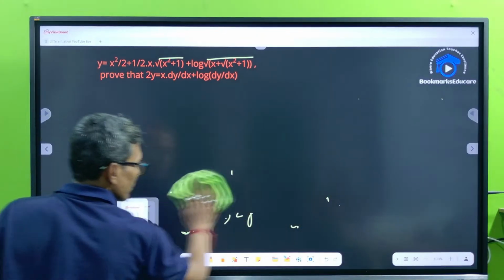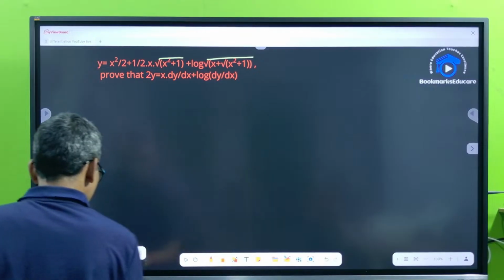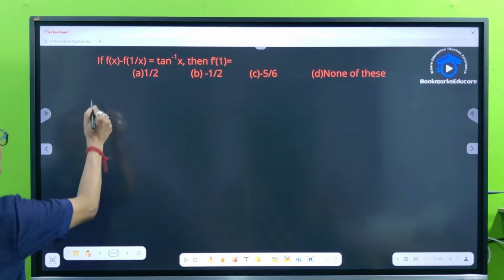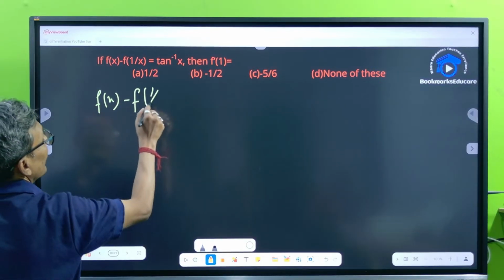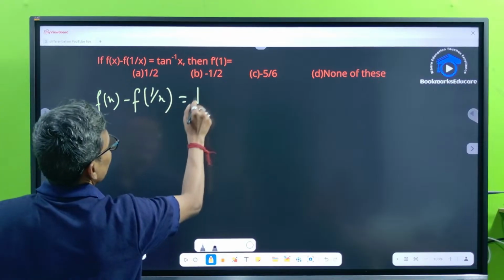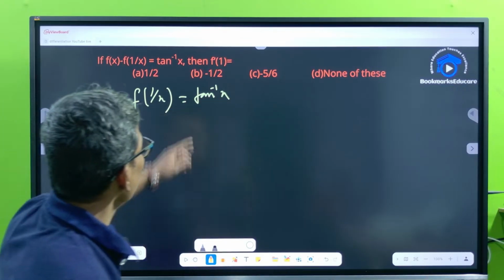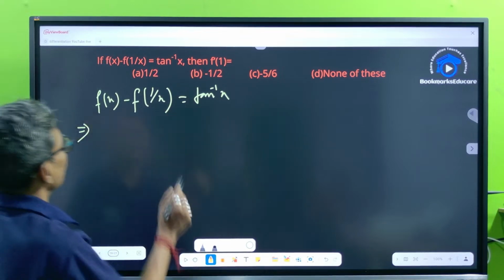Another next sum, that is, if f of x minus f of 1 by x is equal to tan inverse x, then what will be the value of f dash 1? So first of all we have to differentiate on both sides.